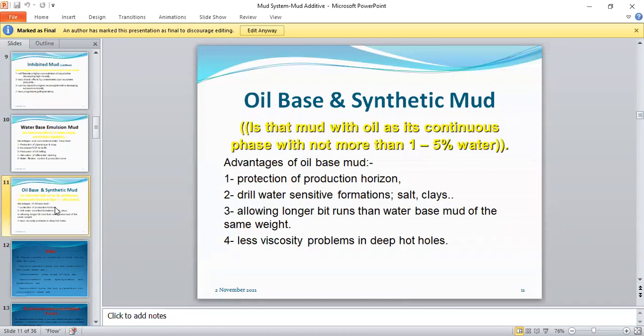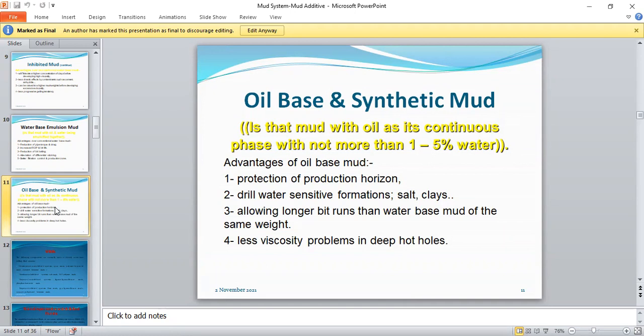But of course, it is the duty of the mud engineer to make it mix because of the additives. There are additives you're going to add, like emulsifiers, that have one polar end and one non-polar end. The polar end will hold water, the non-polar end will hold the oil, and it will mix.